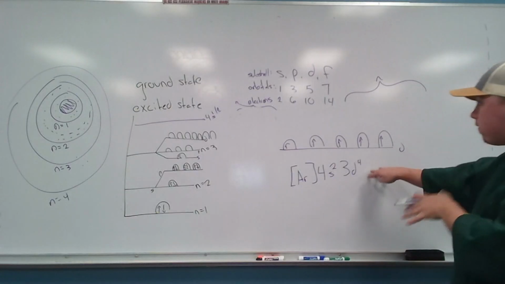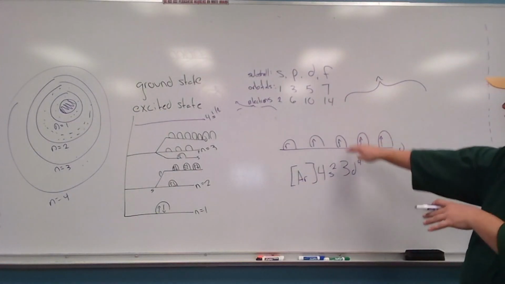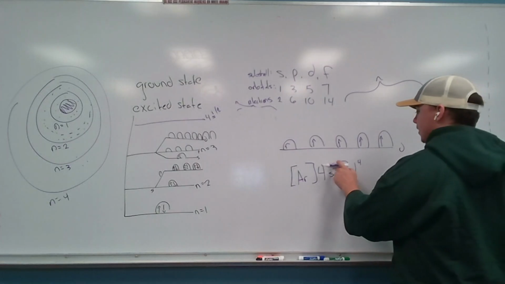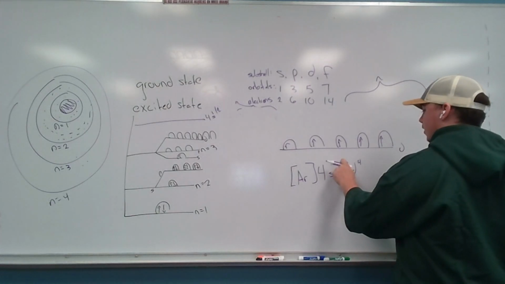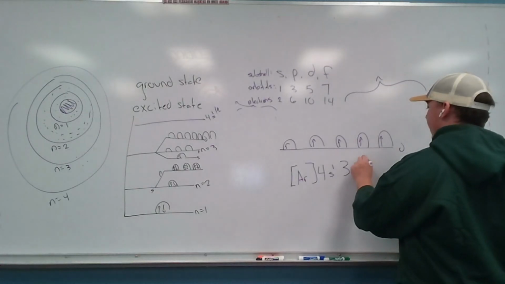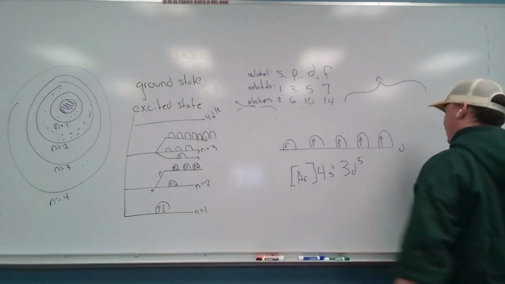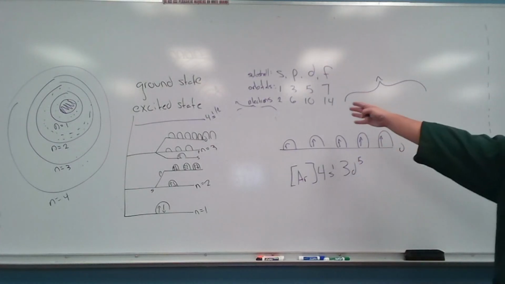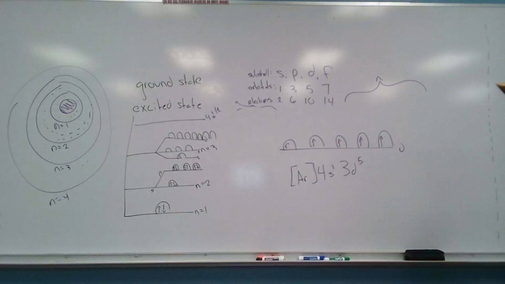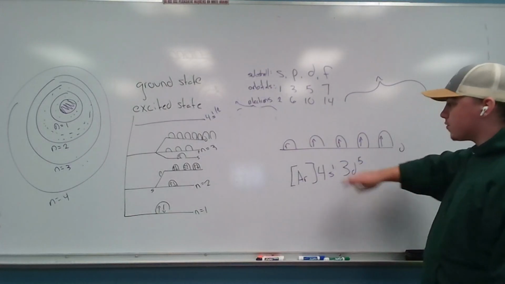Now it wants to have 5. It wants to be half full. So it's going to be like, hey man, I'm going to take an electron. So all of a sudden it becomes 4s1 3d5, because 5 is a happier number because it's half of that complete number. It's half full. So that's where we get our exceptions from.